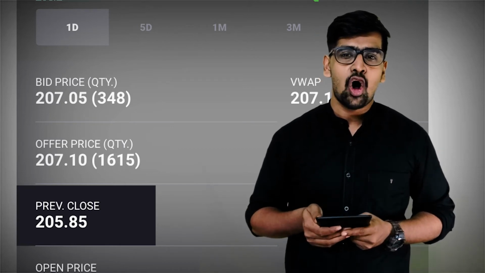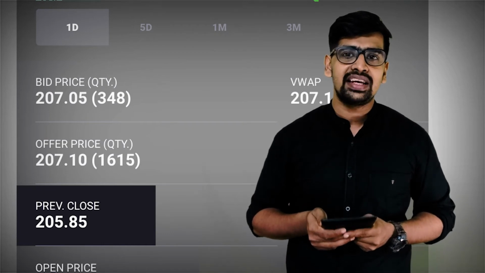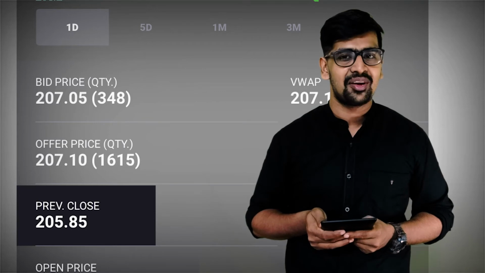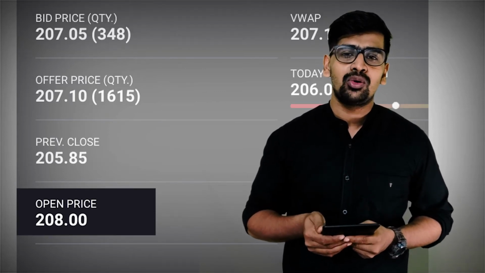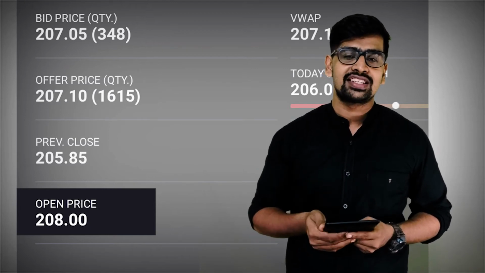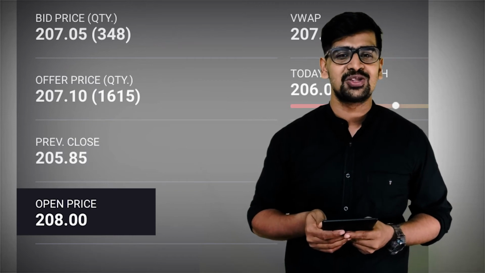This means that on 2nd of July 2020, the last traded price at 3:30 pm was 205 rupees 85 paise. Likewise, open price is the exact price for which the first shares got traded on the opening hours, that is at 9:15 am on 3rd of July 2020.